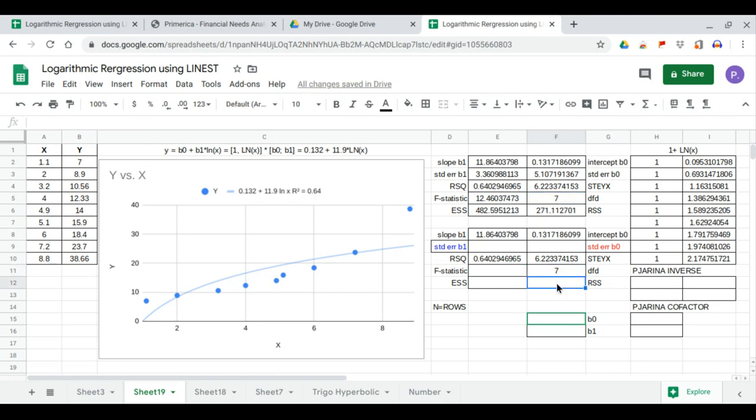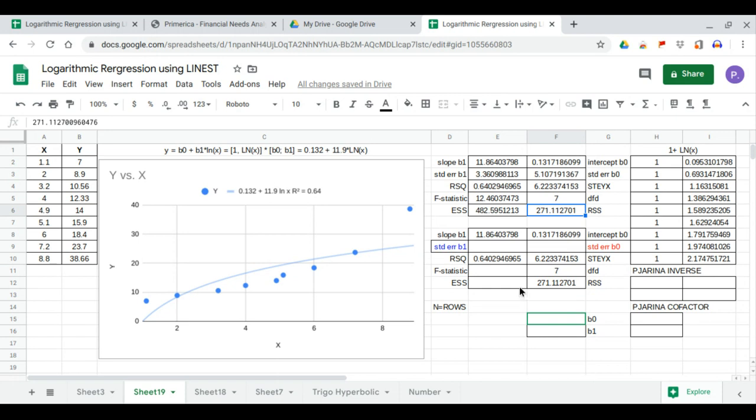And the residual sum of squares is equal to DFD, degrees of freedom of the denominator, times STEYX to the power 2, or STEYX squared. 271.11 matches our LINEST output.